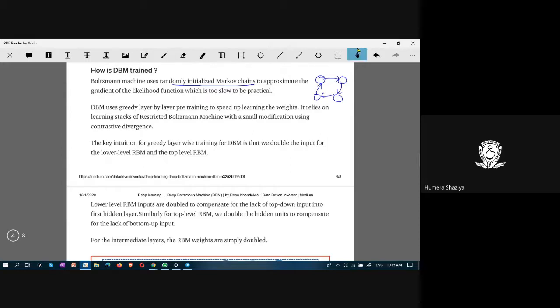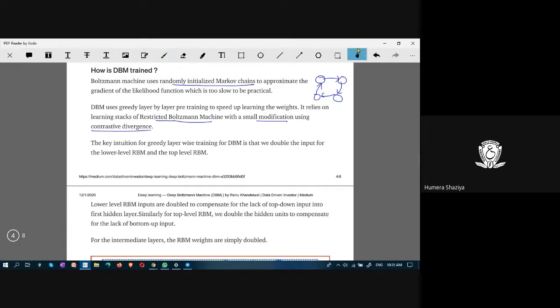That Markov chain is randomly initialized, and then the approximate distribution is computed. And DBM uses greedy layer by layer pre-training to speed up the learning of the weights. And it relies on learning stacks of RBM with a small modification using contrastive divergence.